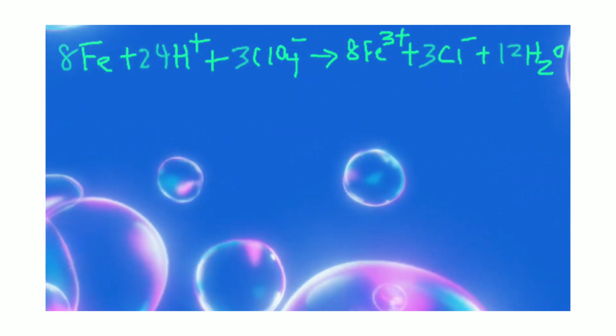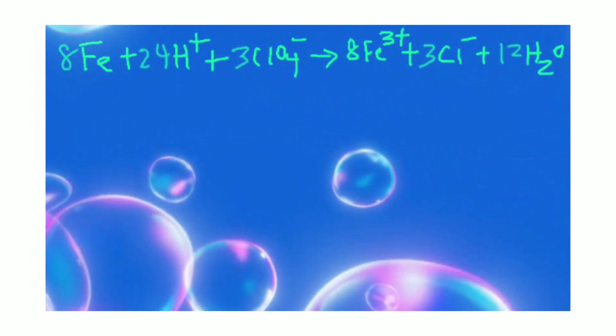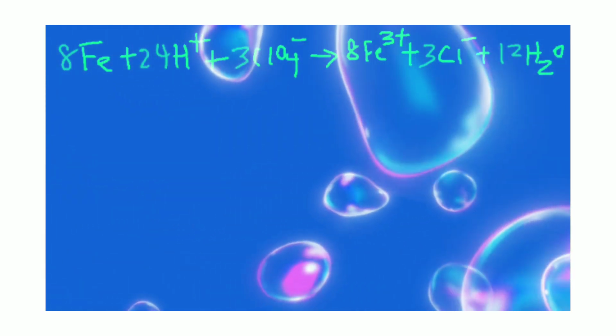So notice that this reaction is balanced. We have 24 hydrogen atoms on both sides, 3 chlorine atoms, 12 oxygen atoms, and 8 iron atoms.